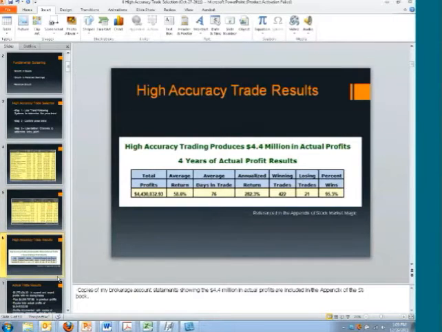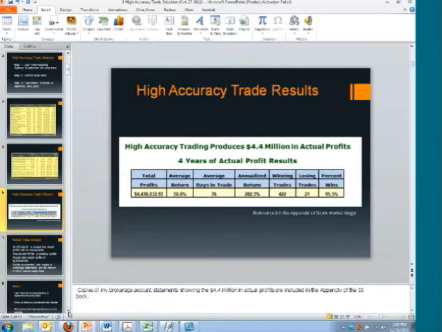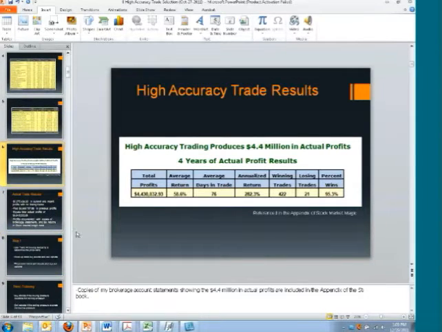And in terms of real-time results, I've been using this high accuracy trade selection over the past 4 years, where we've seen a severe bear market, a lot of financial turmoil throughout the world, unstable economies, high unemployment. And despite these difficult market conditions, this trade selection process has produced over $4.4 million in actual profits, and the average return has been 58%.